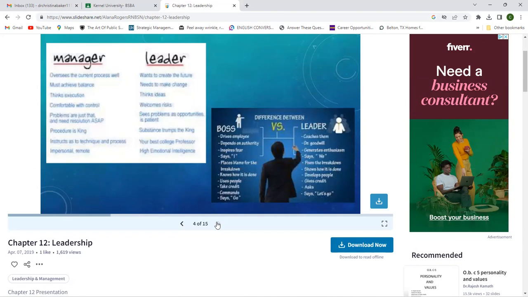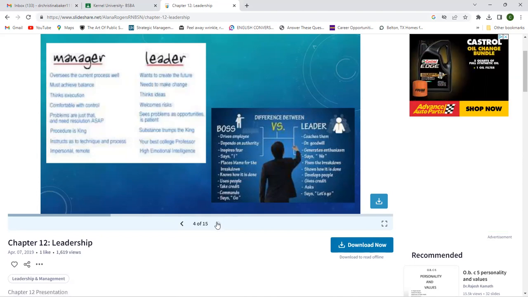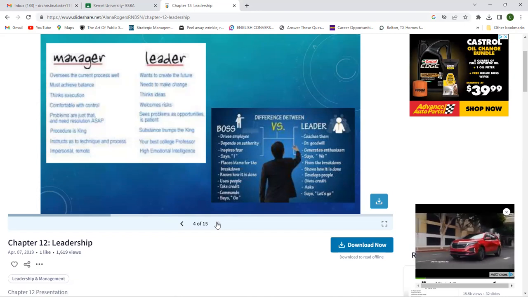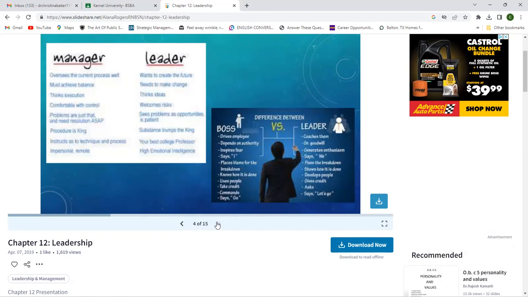Procedure is king, and it instructs the technique and process.